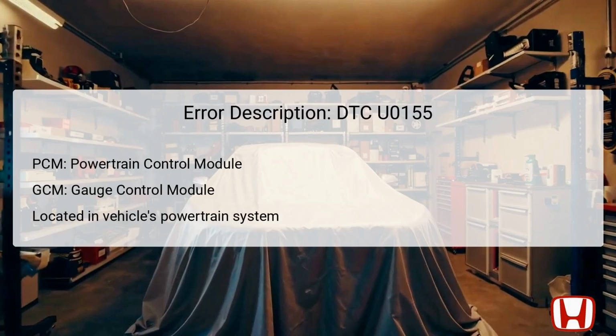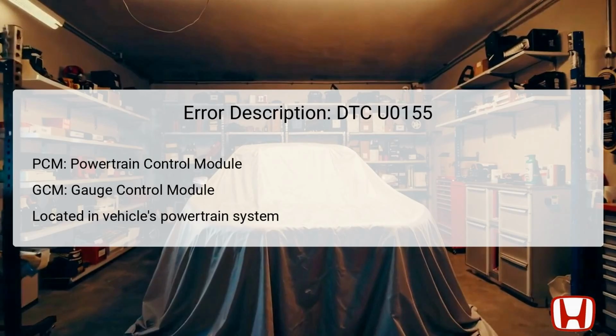DTC U0155 signifies a malfunction in communications between two essential components: the Powertrain Control Module, PCM, and the Gauge Control Module, GCM. The PCM is pivotal in controlling engine functions and receives various inputs, while the GCM provides vital readings to the driver, such as speed and fuel level. Typically, these modules communicate over the PF-CAN-A and PD-CAN-B lines.